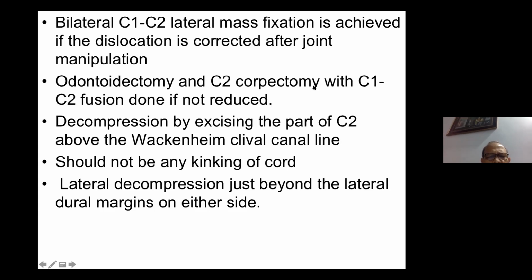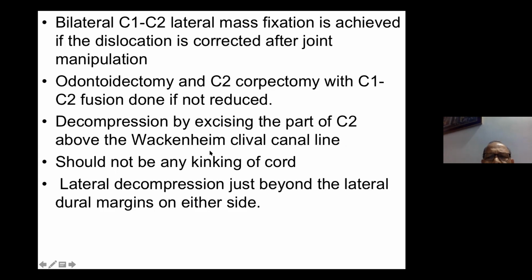Sometimes if you go for incomplete decompression, either inferiorly or on the lateral side, then these patients will not improve. So laterally, your bone decompression should be up to the medial margin of the facet joint. Or you should be able to identify the lateral margin of the dura, and the cord should be pulsating well.